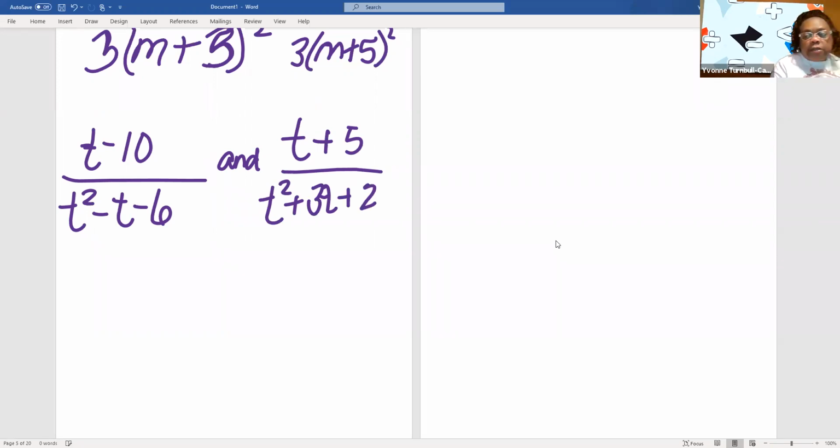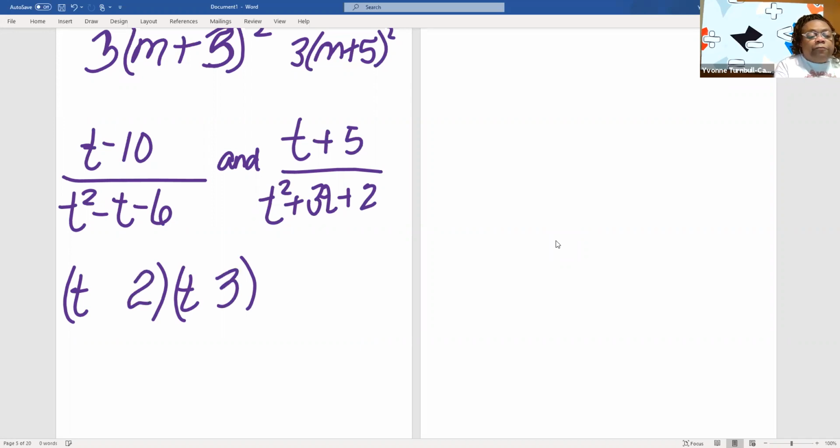All right, what's the first thing we need to do? Factor the denominator. First thing we do is factor. So we're going to factor the first denominator. Because there's no leading coefficient, it's very easily factored into t and t. We're going to factor 6. The two factors of 6 are going to be 2 and 3.